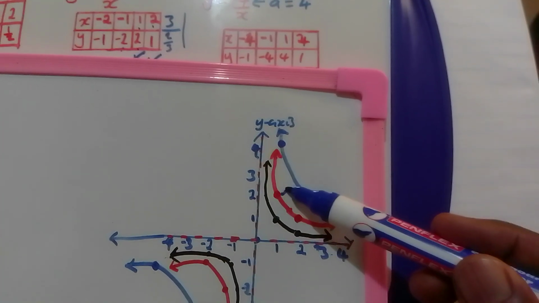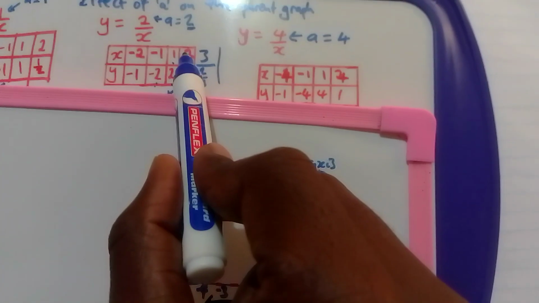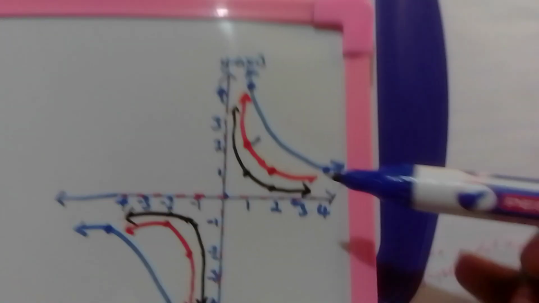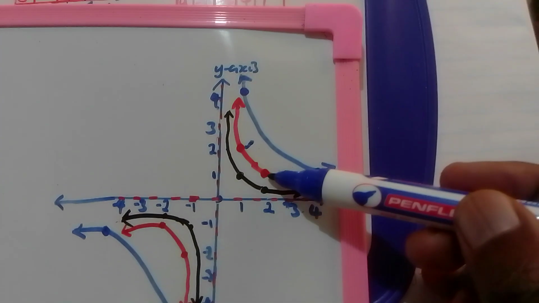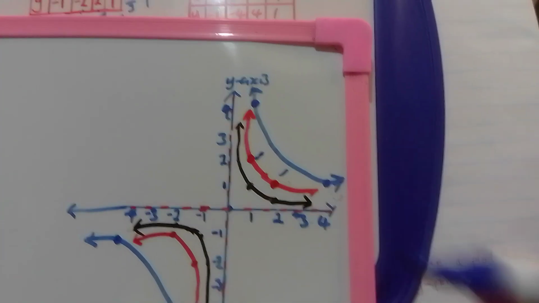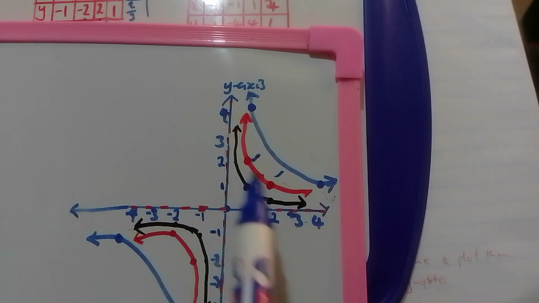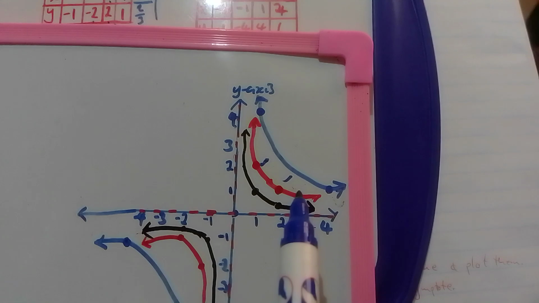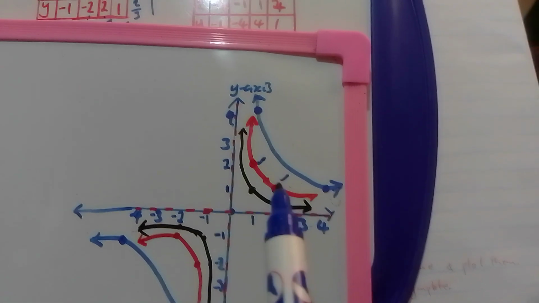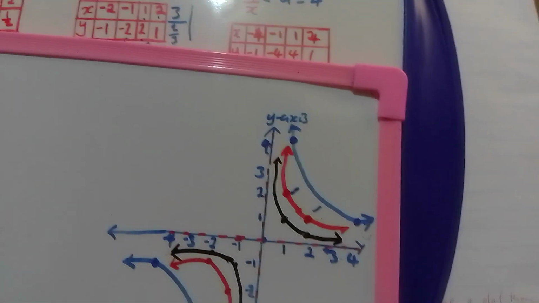And when our x is 2, our y is 1. And here, when our x is 2, our y is 1. So we can see that this graph is actually decreasing. That's what's happening here. All right, and let's check here.